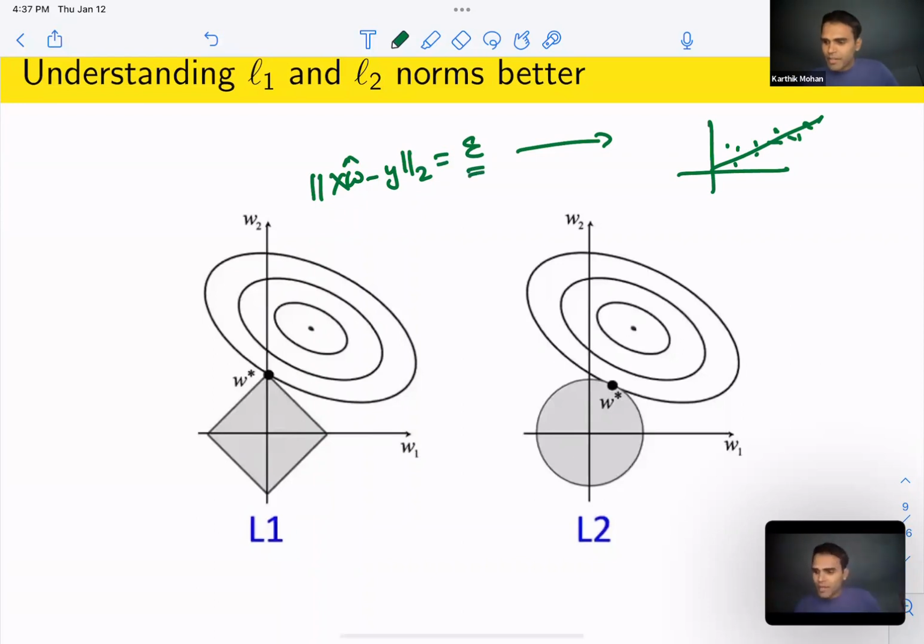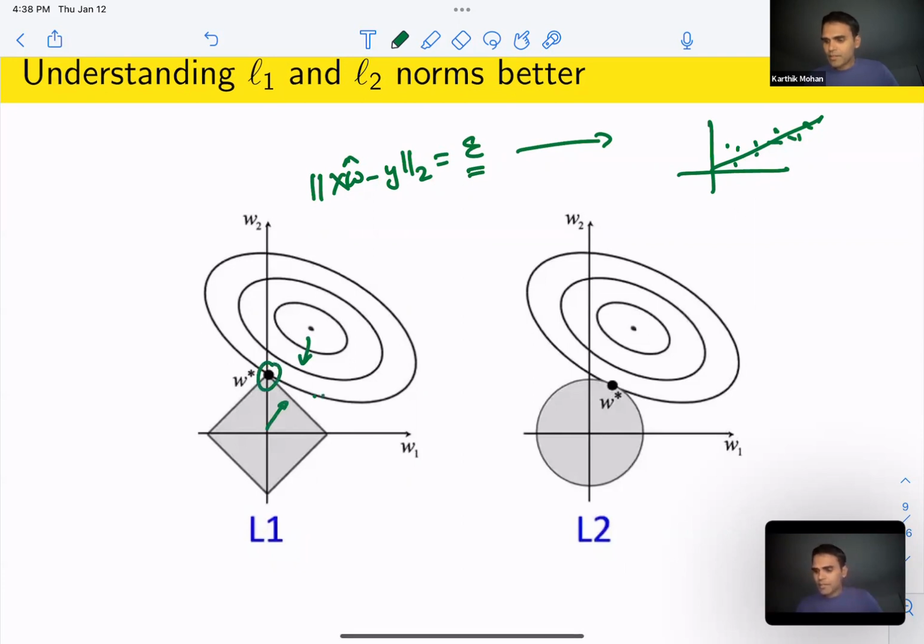So there's going to be some error in the fit. That's when you say, these are the different level sets where you would have this error. For a certain error, I want to expand this, but I also want to expand this, and I meet here.